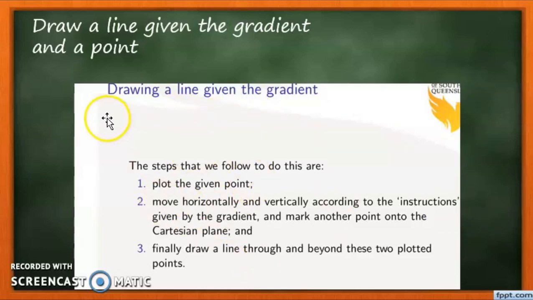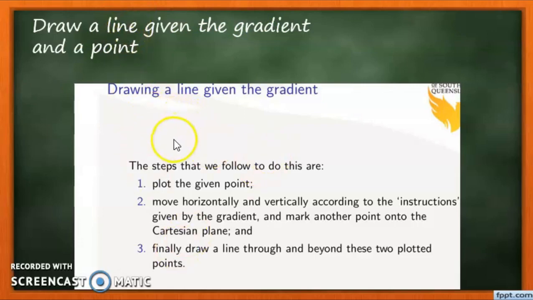Here we are given a gradient and a point, and we are supposed to draw a line. With the first video, we were given the graph of a line to find the gradient, and in the second video we were given points to find the gradient. But here we are given a gradient and one point to find a line.